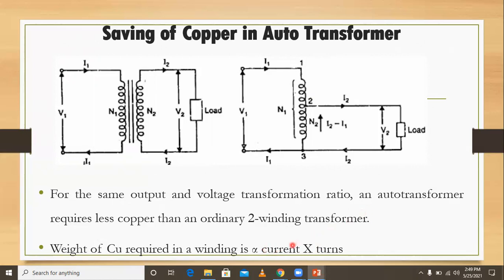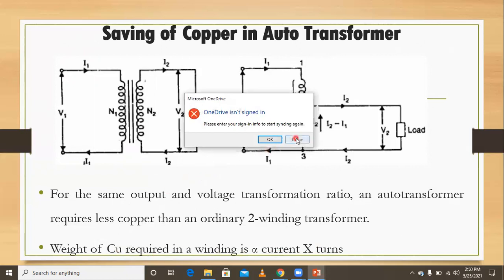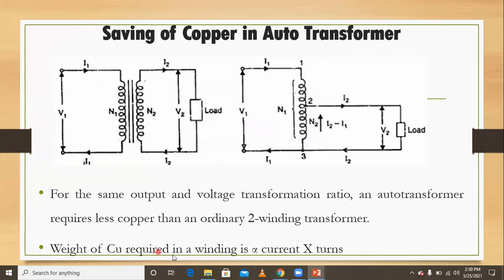Also, to reduce the resistance, the cross-sectional area of the copper winding increases; only then does the resistance decrease. That means the weight of copper required in a winding is proportional to the current and number of turns.